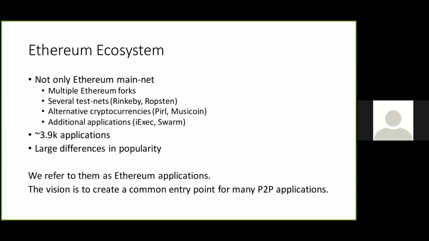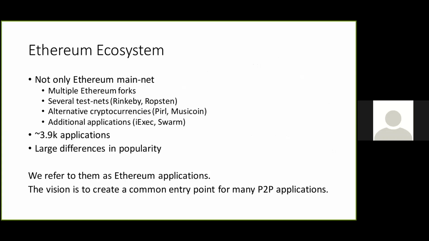Now the thing is that this ecosystem, this distributed hash table, is not only used by Ethereum mainnet, because in the network we have multiple Ethereum forks, either with the same or different genesis blocks. We have several testnets such as Rinkeby and Ropsten. We have some alternative cryptocurrencies, Pirl, Musicoin, and also additional applications such as iExec and Swarm, which are completely unrelated to blockchain.